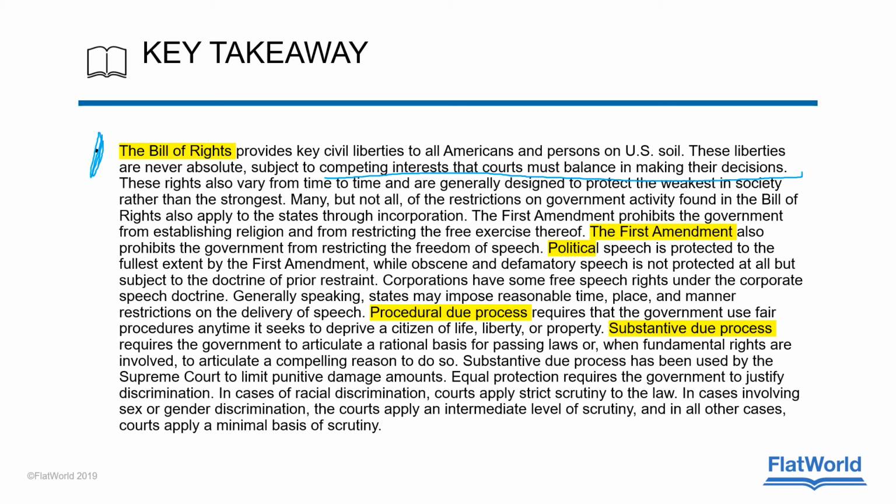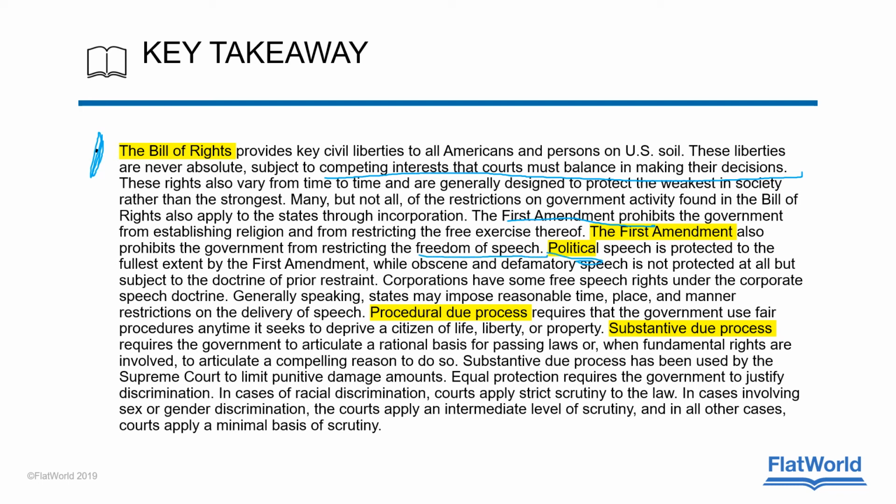Another thing that's particularly relevant for business, especially in election years, is the First Amendment. This prohibits the government from establishing religion and from restricting the free exercise thereof. The First Amendment also prohibits the government from restricting the freedom of speech.